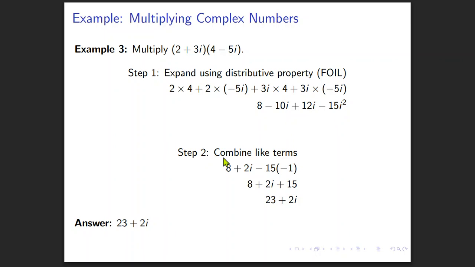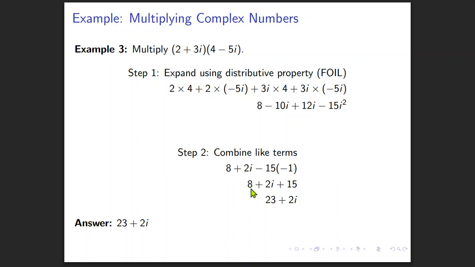So step 2: combine like terms. When you combine like terms, you will have 8 plus 2i minus 15 times minus 1. I've told you where this minus 1 is coming from: i squared, by our definition, equals minus 1.